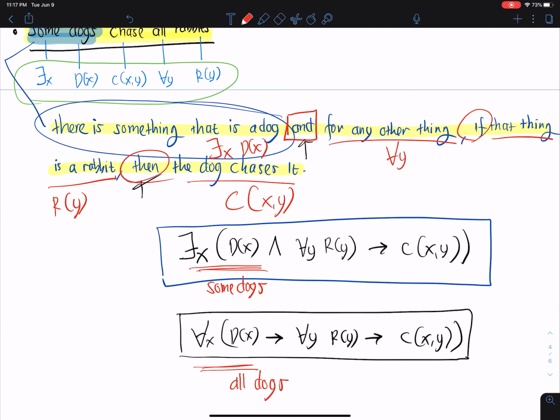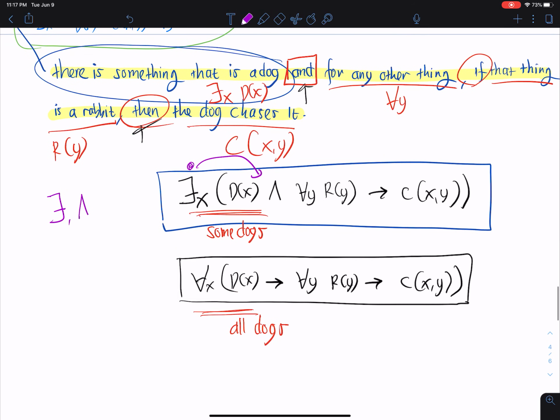Now remember the hint that I mentioned earlier in the previous video. If you can remember, otherwise rewatch the previous video, when I said if we have an existential quantifier, this will be followed by conjunction, and it happened here. Another example: here we have the universal quantifier, and most of the time it is followed by implies. It happened here again in these examples.